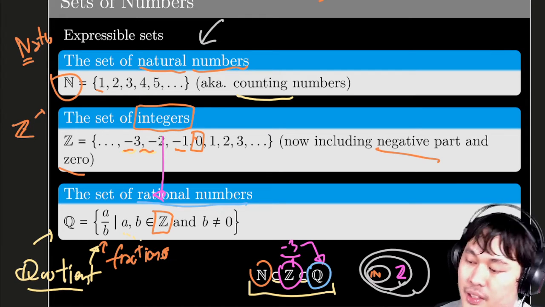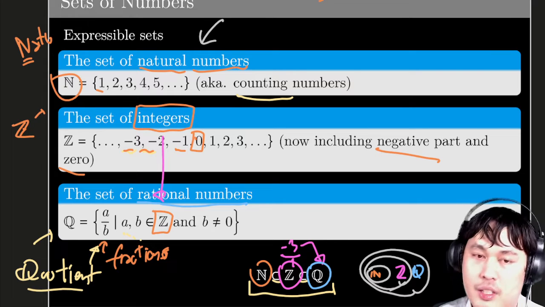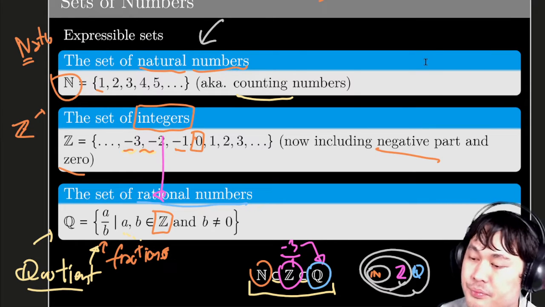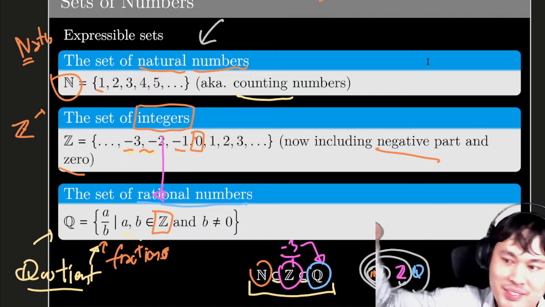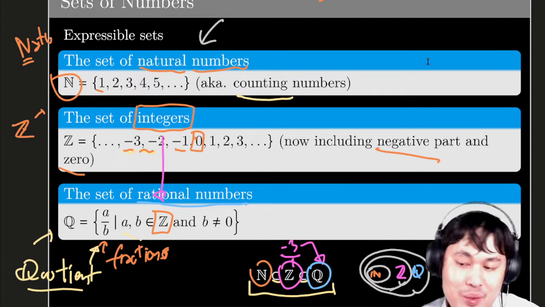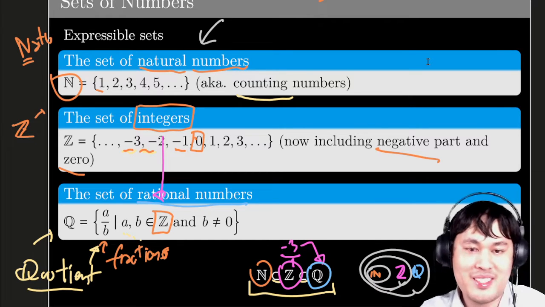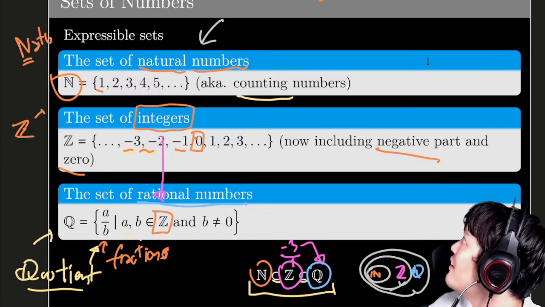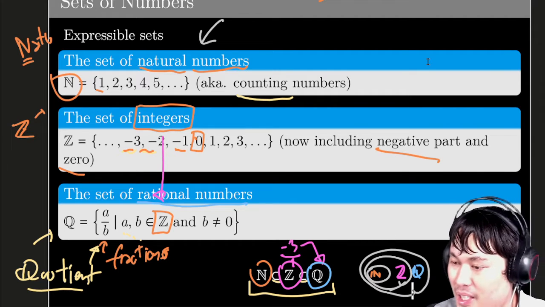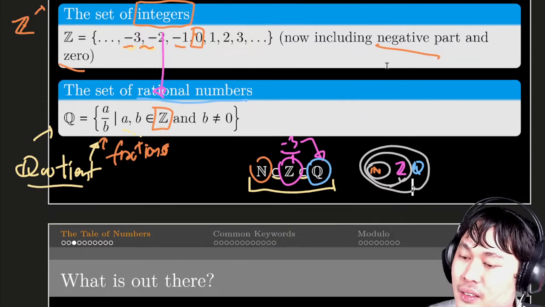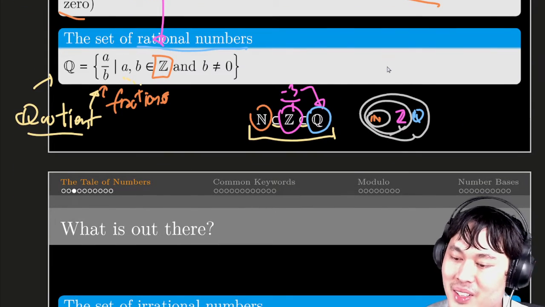In the next layer we have Q, the set of quotients. And usually if you study math, you would love to ask, wait, what's next? Is there more? And luckily, yes, there is.